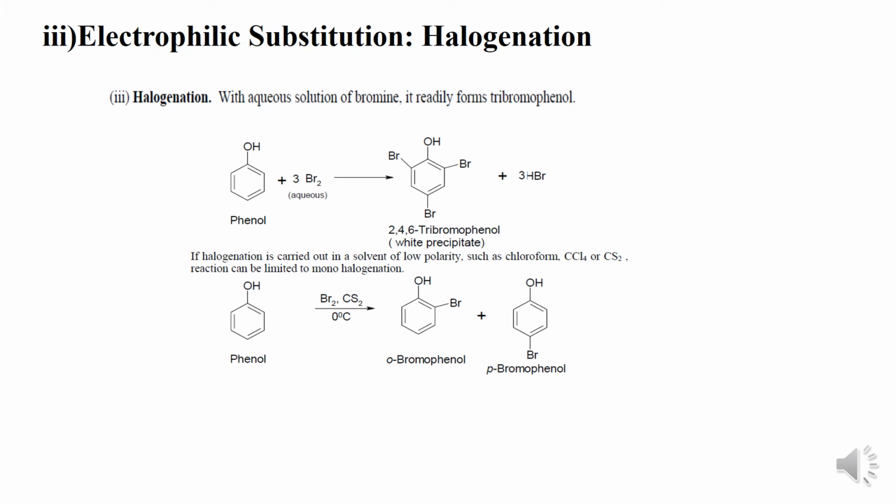Halogenation means addition of halogen. If we perform the experiment with aqueous bromine solution, it readily forms tribromophenol. If we carry out halogenation in a low polar solvent like chloroform, carbon tetrachloride or carbon disulfide, the reaction can be limited to monohalogenation.